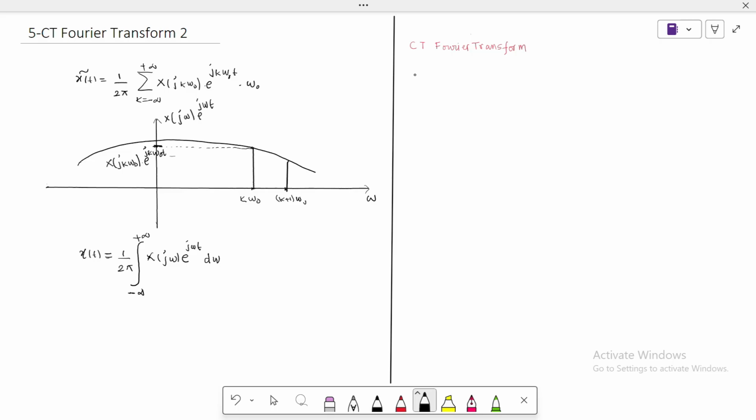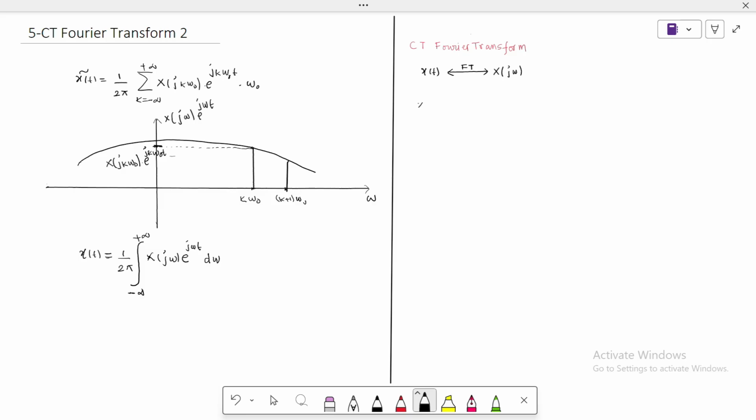So x of t is a signal in time domain. In frequency domain, in Fourier transform, it is denoted by x of j omega.